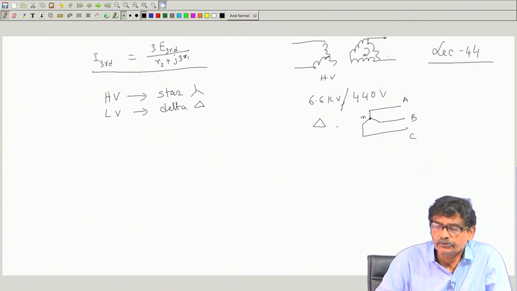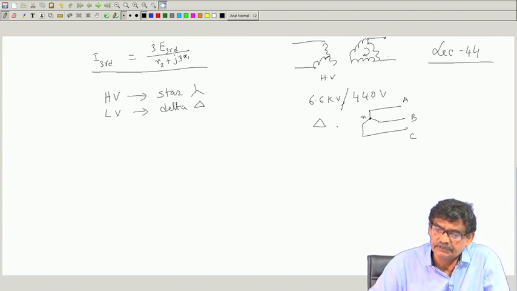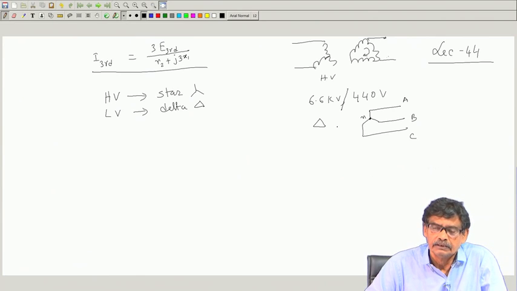So, depending upon the situations, the general guideline is: high voltage side better select star, low voltage side delta, as perhaps one of the windings being delta connected is always preferable.